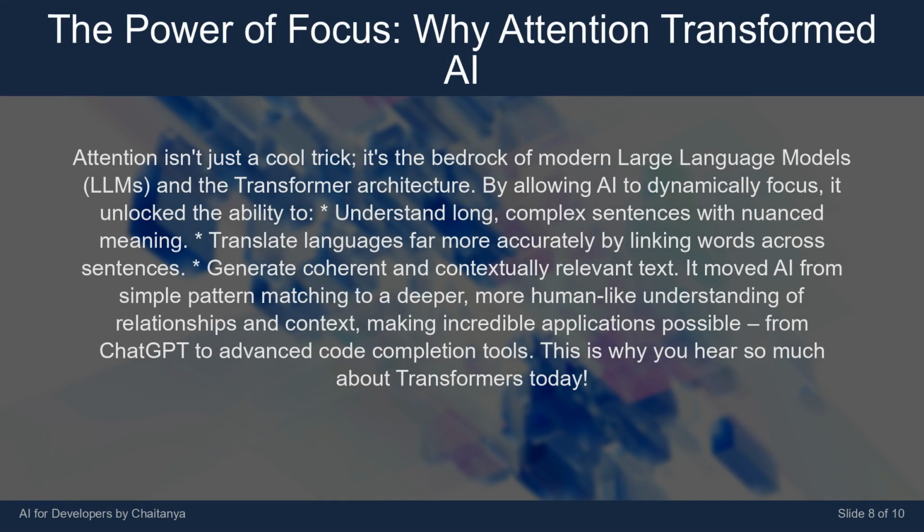Attention isn't just a cool trick. It's the bedrock of modern large language models, LLMs, and the transformer architecture. By allowing AI to dynamically focus, it unlocked the ability to understand long, complex sentences with nuanced meaning, translate languages far more accurately by linking words across sentences, and generate coherent and contextually relevant text.